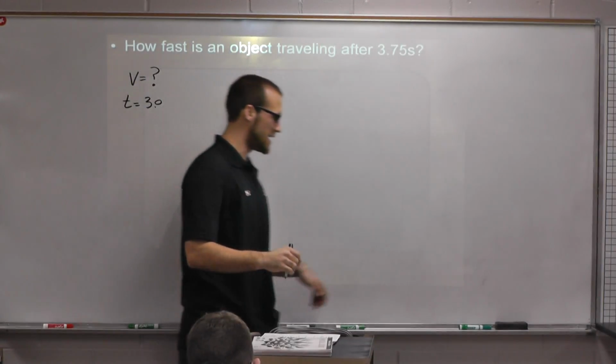Okay? So it says, how fast is an object traveling? What is that asking you to solve for? Velocity. So there's my first variable. Then it says after 3.75 seconds, what is that?